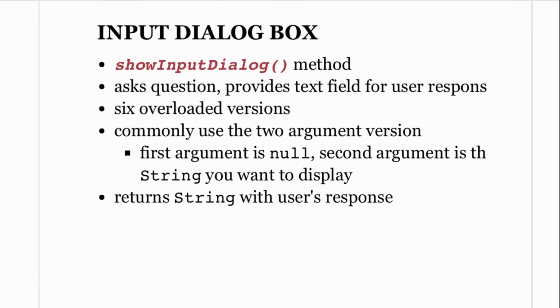So in the same way that show message dialog has a certain method, there's a method called show input dialog. It's kind of structured in the same way as a show message dialog, but this one is different in the sense that it asks the user a question. So it provides a little text field for the user to respond in.